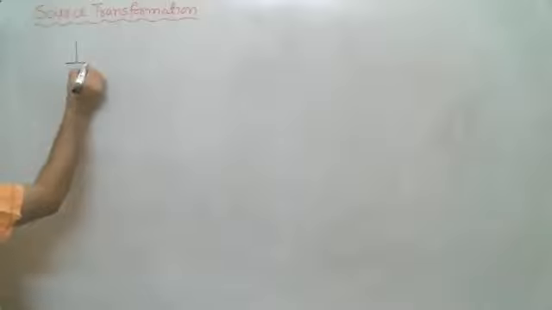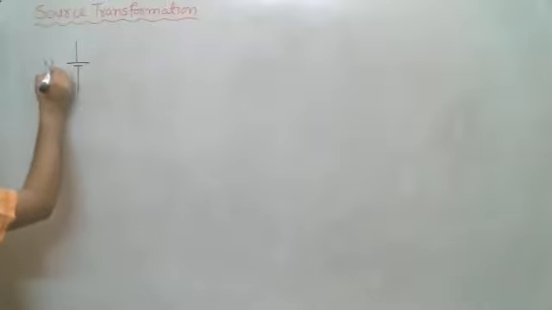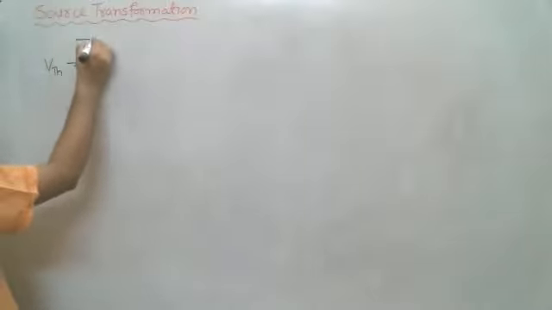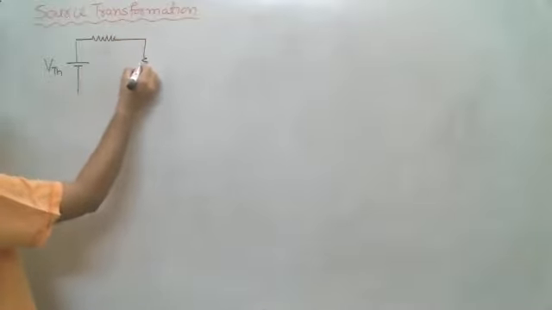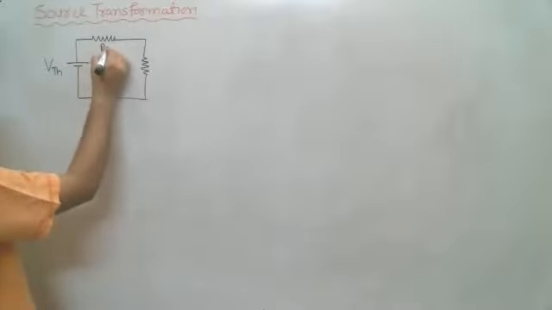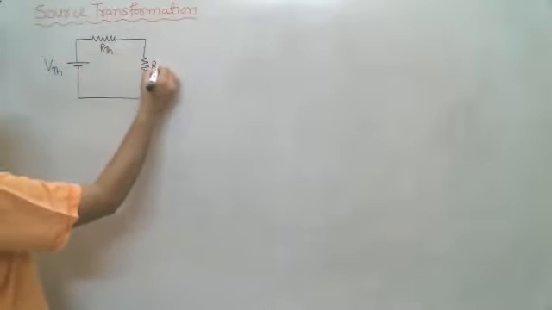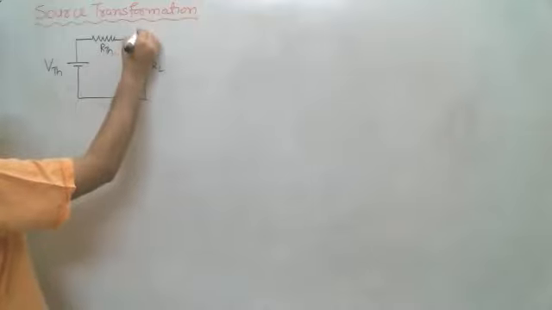So if you have a Thevenin's equivalent circuit, let's say this is VTH and this is RTH, and you have any load RL. This is RTH and this is RL across T.